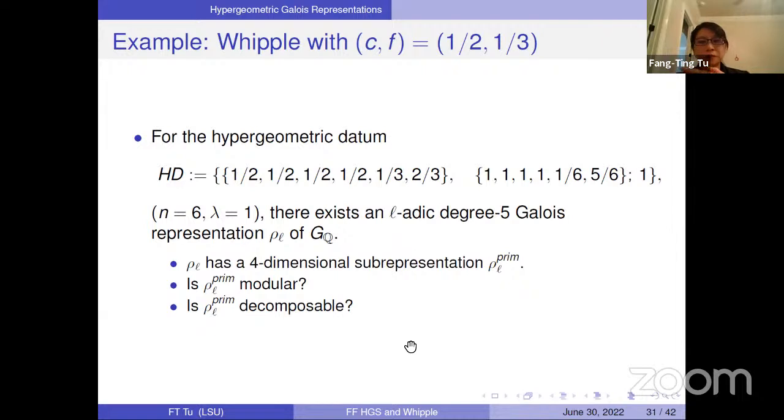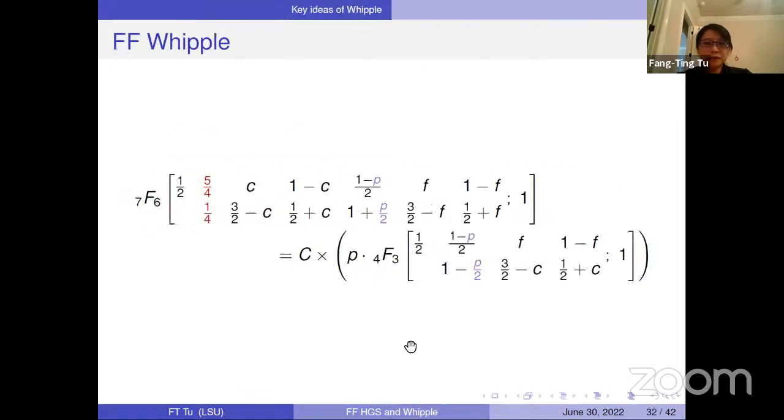So to answer this question, roughly speaking, by the fact that a semi-simple Galois representation is completely determined by the data of the trace of Frobenius, this reduces to considering the finite field version of the Whipple formula. So this is the classical Whipple formula.